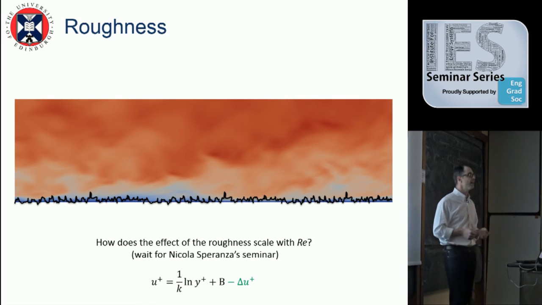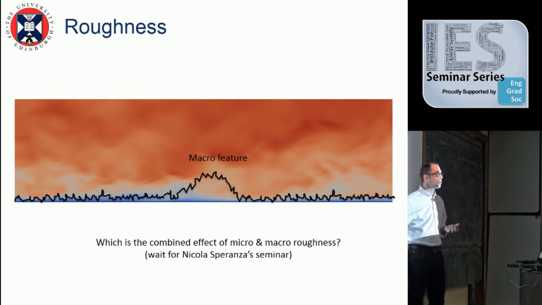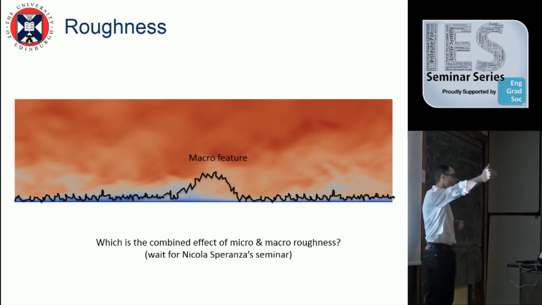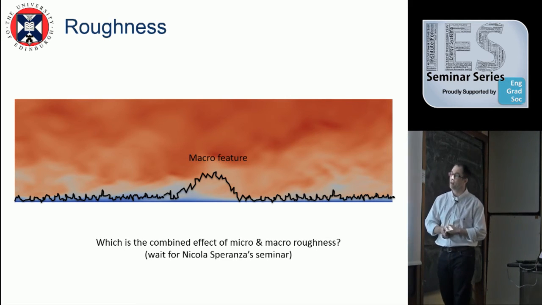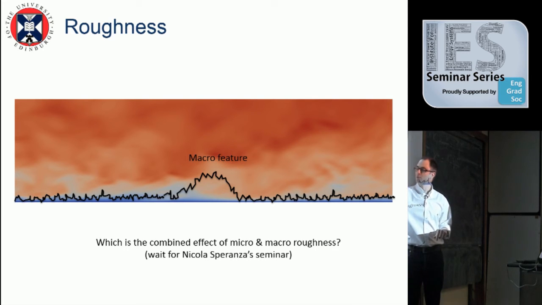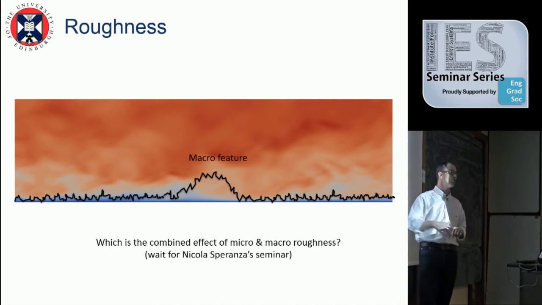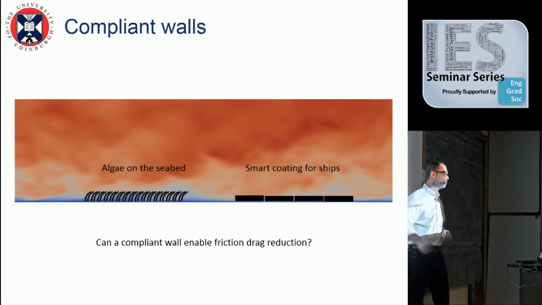So we need to find a way to make an experiment and identify how much this value is at lower Reynolds number and then extrapolate it to higher Reynolds number where we cannot measure or simulate it. The other aspect that Nicola is interested in is what happens when you have a combination of micro and macro features. So you have the roughness, but on top of this, you also have, for instance, welding on the ship, or a major rock on your seabed.